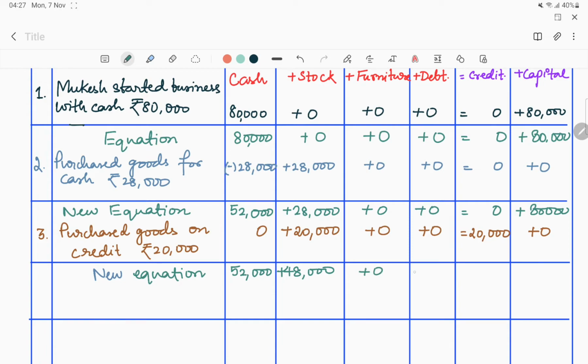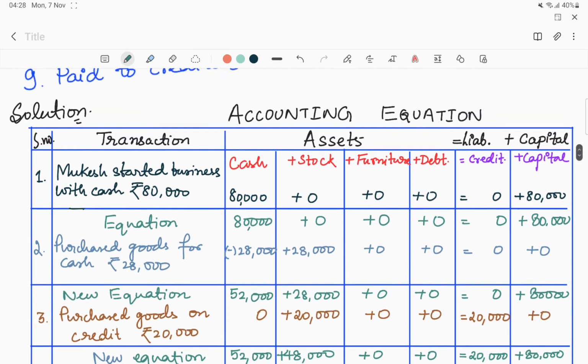Furniture 0. Debtor 0. Creditor 20,000. Capital 80,000. Okay, let's see the fourth transaction.